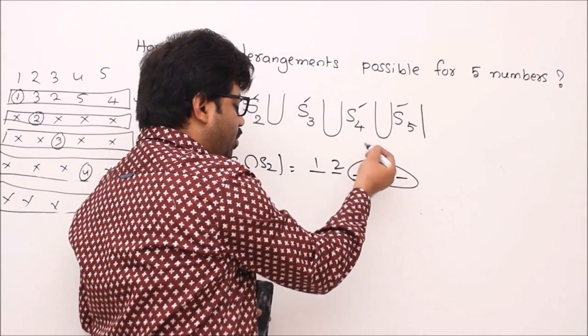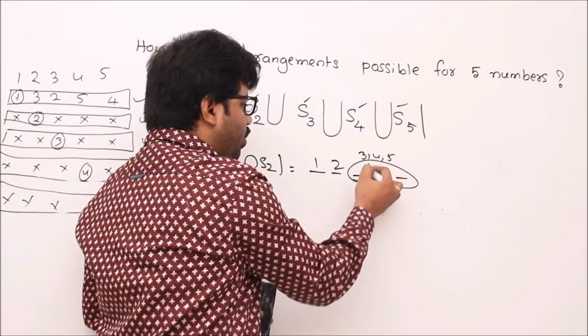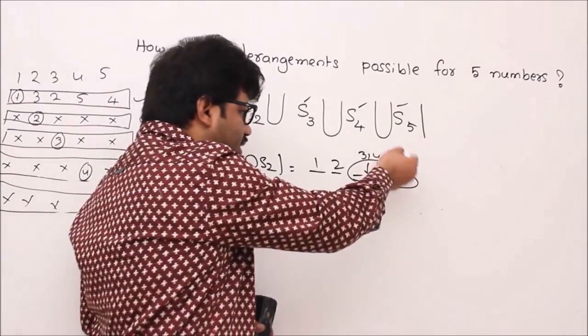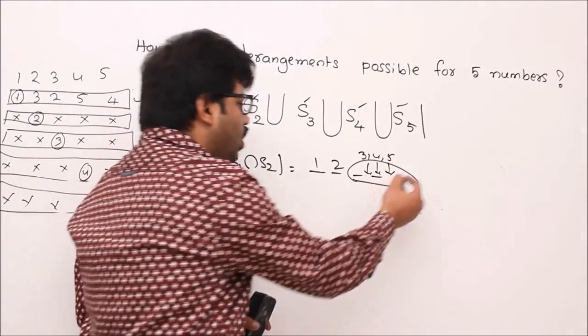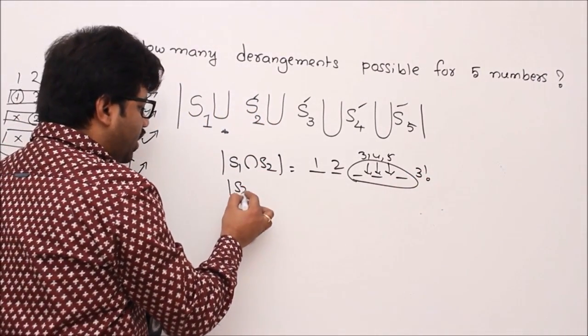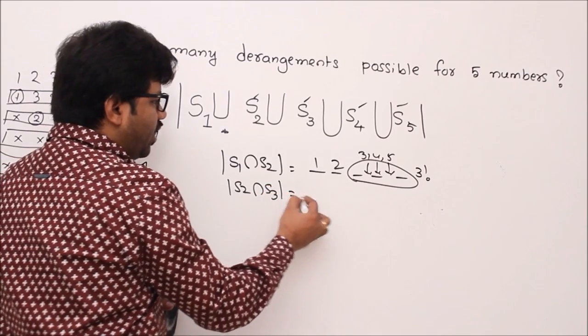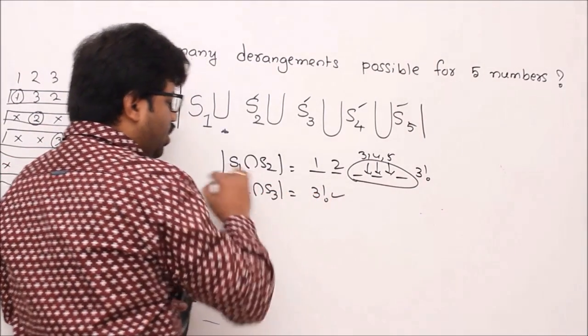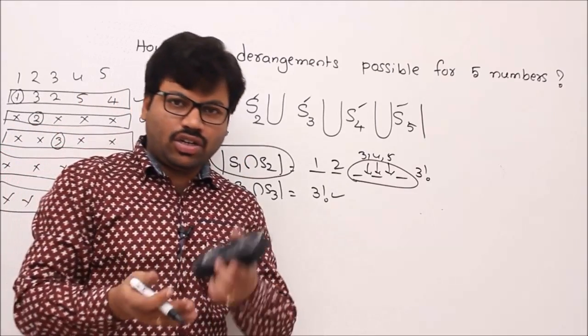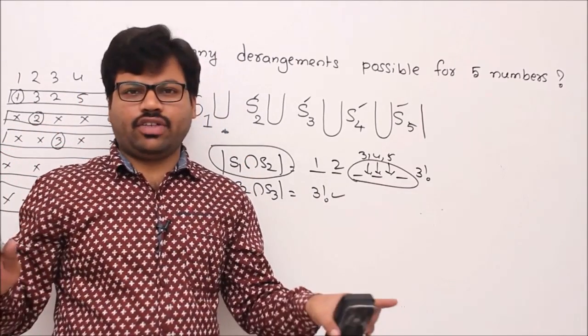The remaining 3 numbers, 3, 4, 5, should be arranged here. How many ways can you arrange 3, 4, 5 into 3 positions? Obviously 3 factorial. In the same way, S2 intersection S3, everything is 3 factorial. I computed only S1 intersection S2, but all 2 intersections are 3 factorial.